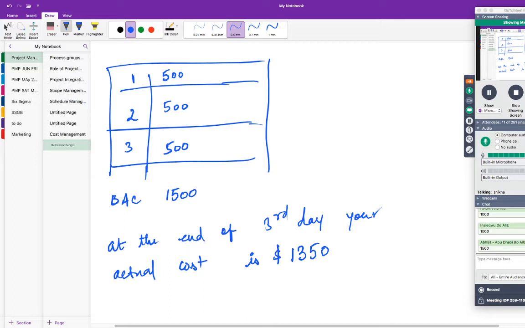Now I want an answer to the following question. Are you on a cost overrun or underrun? What do you mean by overrun? If you have gone above the budget, that's overrun. If you have gone below the budget, it's called underrun. So are you on a cost overrun or underrun? Abhijit answers underrun.